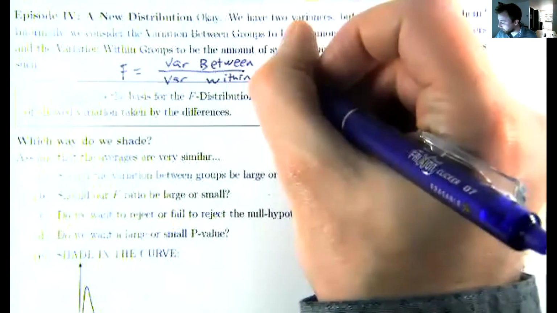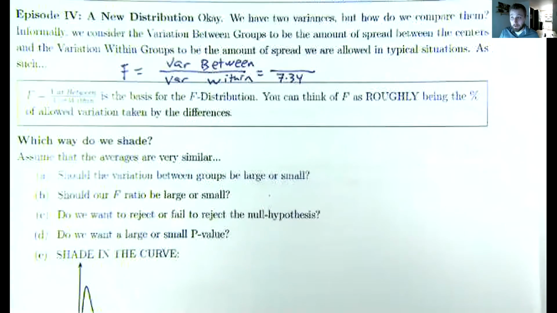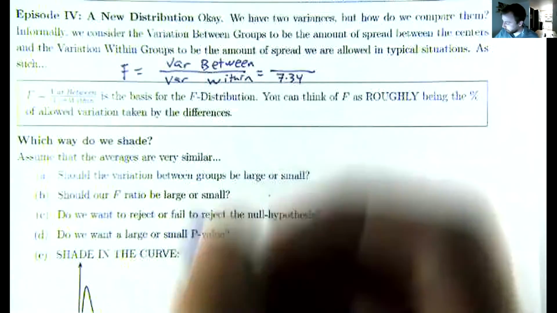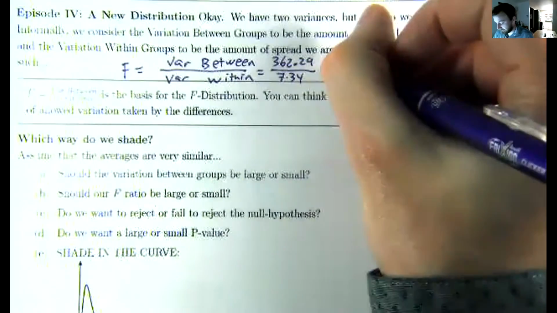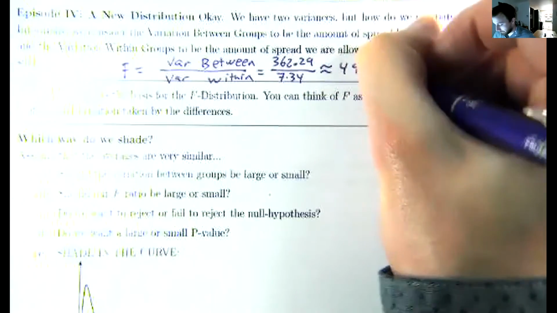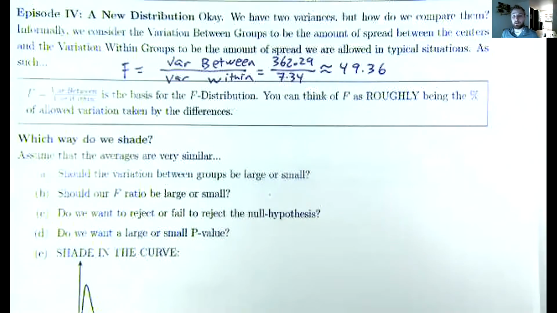So for our values, I was allowed 7.34, and I was like, got it, I'm not going to spend more than 7.34, but then I went out and I spent 362.29. So I'm going to write this thing and figure out sort of what's going on percentage-wise. Okay, probably not great for my finances. I end up with 49.36 or so.